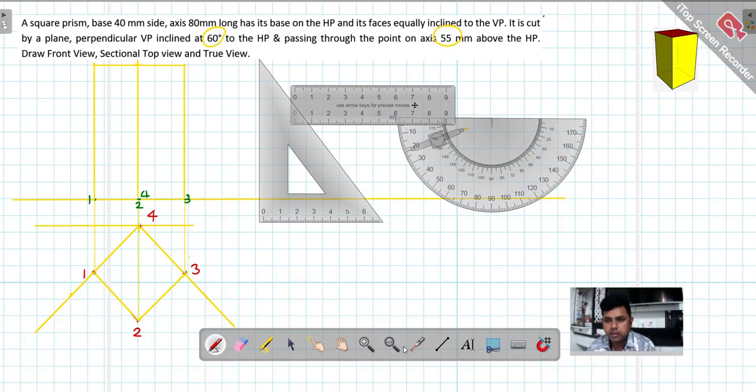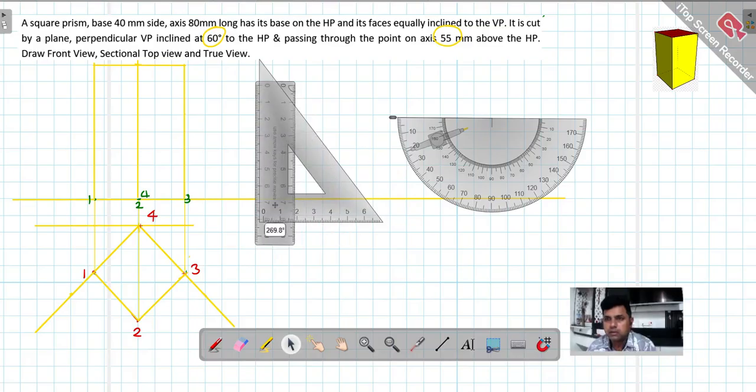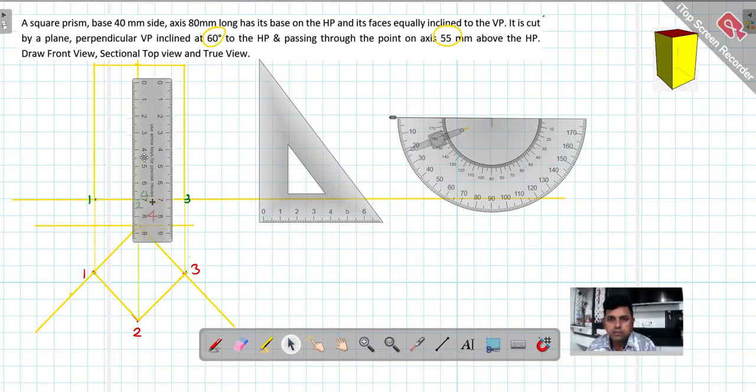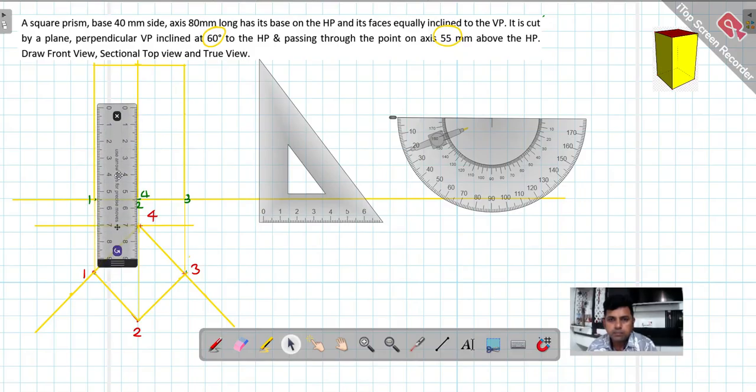So 55 mm above, I can draw with the help of the scale. See, 55 mm above is nothing but this point, correct? From the base, I draw 55 mm. So from that, our cutting plane is passing.